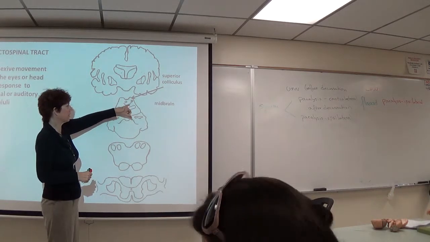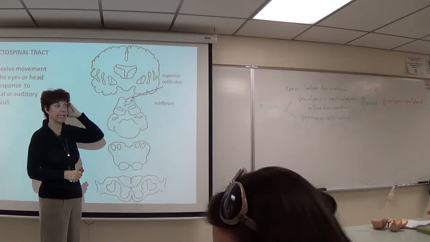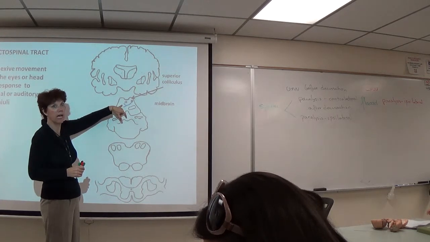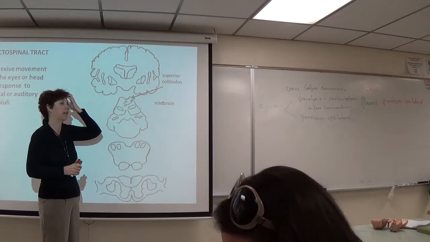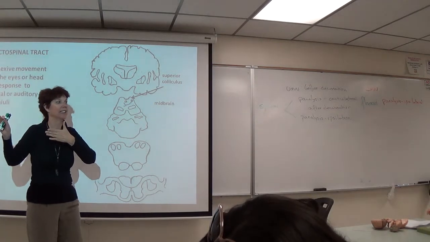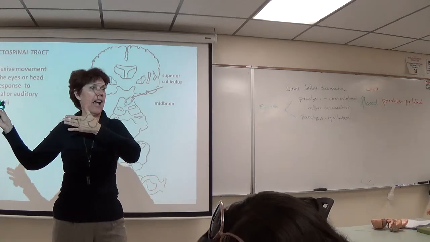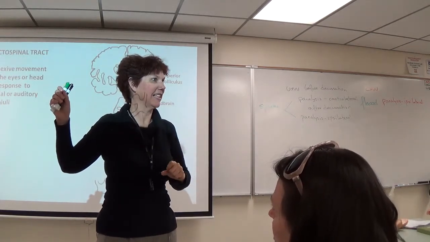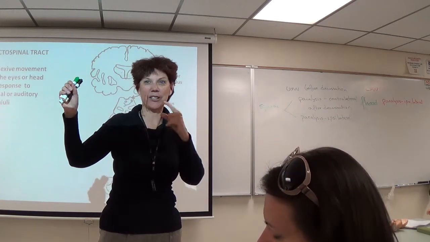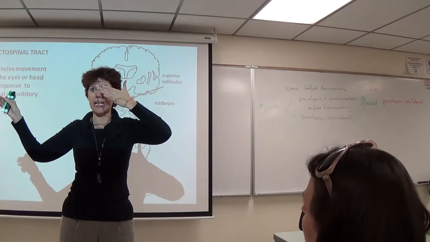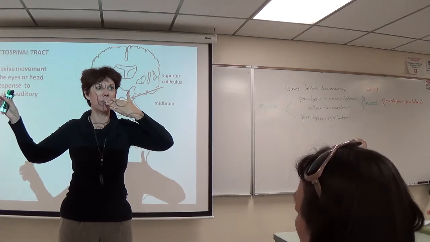So if it's going to move, say, my lateral rectus to look out, it's going to go to which neuron? What nuclei of what cranial nerve? Lateral rectus. What nerve? The abducens. Okay, so it's going to go to cranial nerve 6. But as one eye is abducted, the other eye is medial, and that's oculomotor.